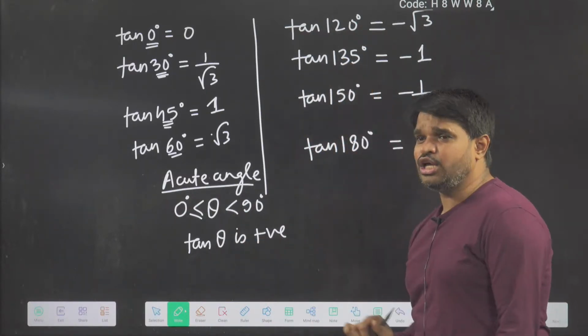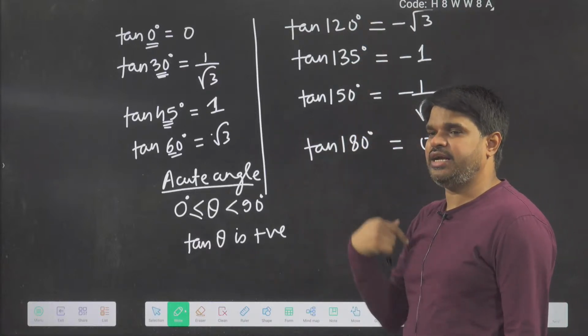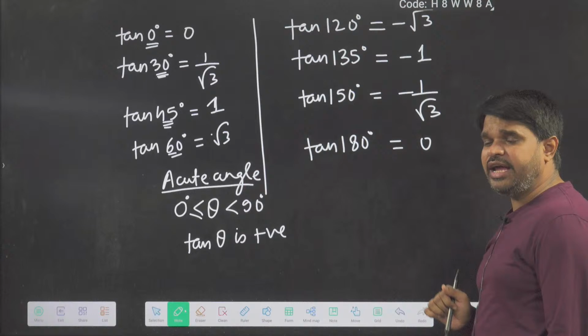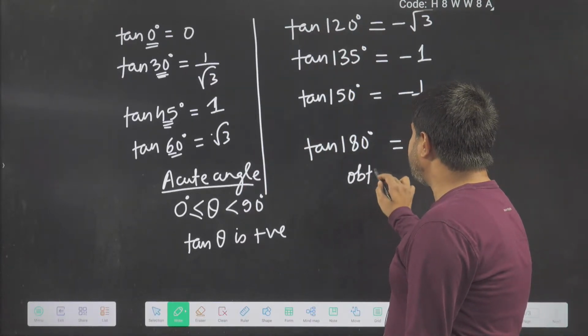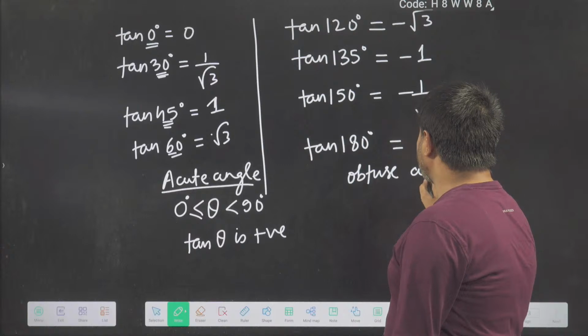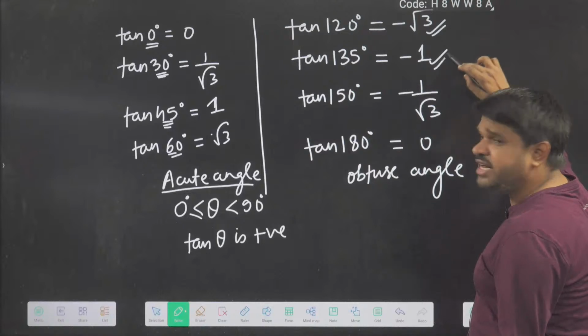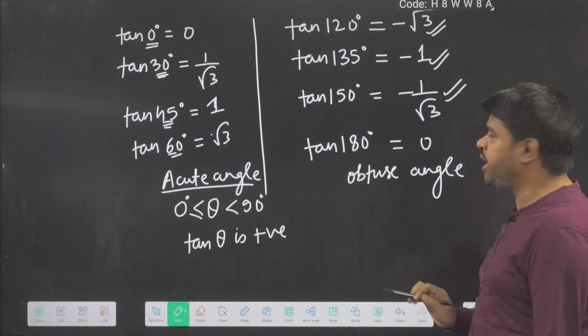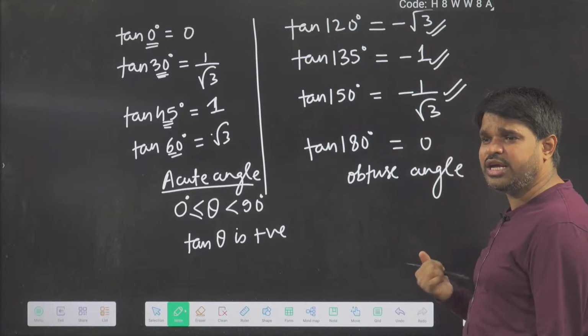Now here I have taken angles more than 90 degree and up to 180 degree. These angles are called obtuse angles. When angles are obtuse, you can see the values of tan theta are negative: minus root 3, minus 1, minus 1 by root 3 and so on.